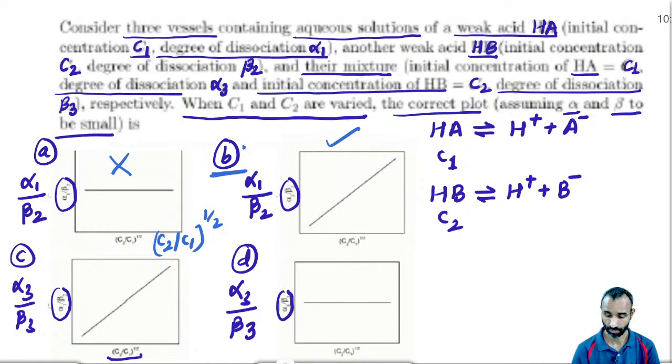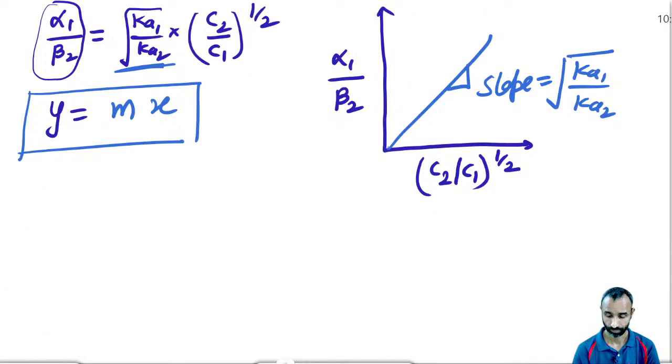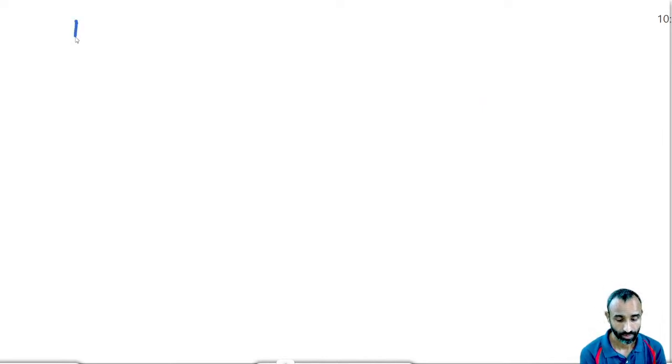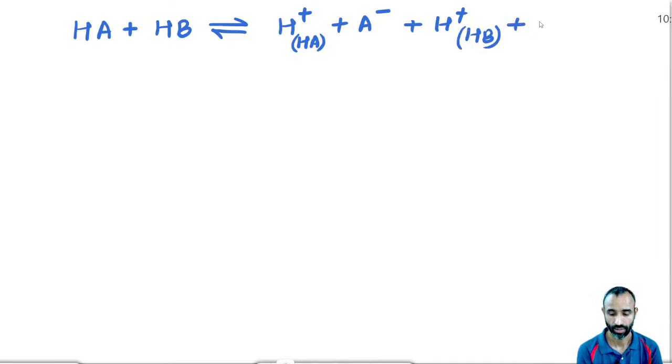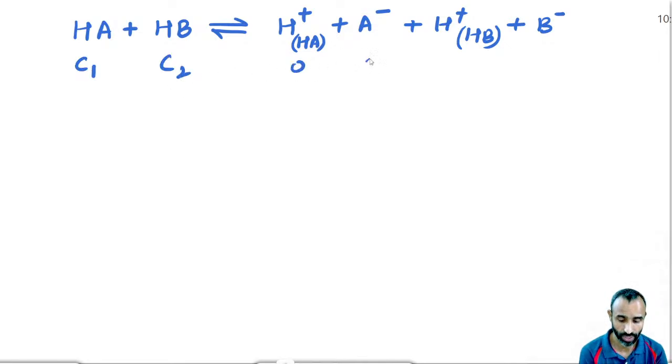Now when we have a mixture, HA plus HB, it gives H plus ion plus A negative ion. This is H plus ion from HA plus H plus ion from HB plus B negative, right? Now concentration is C1 and C2 initially.